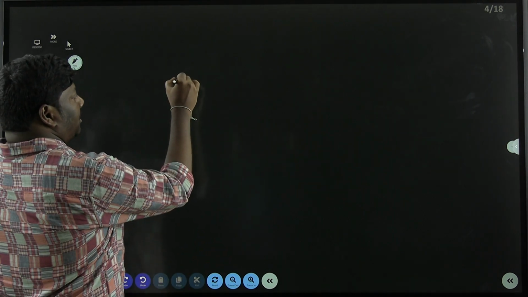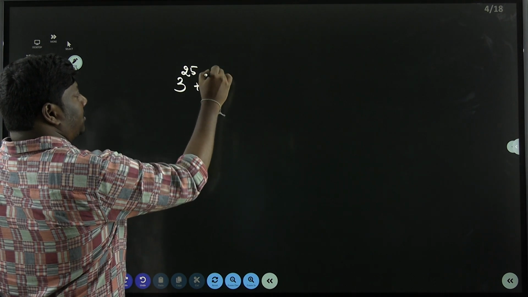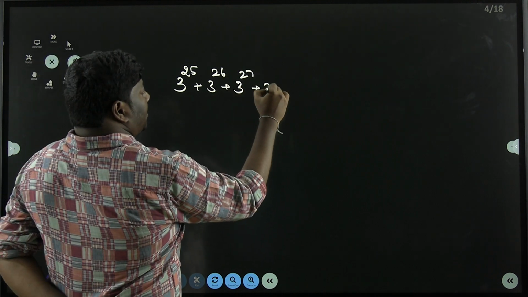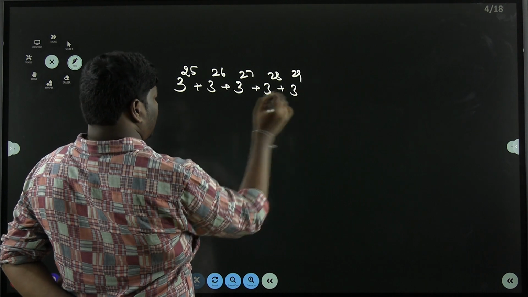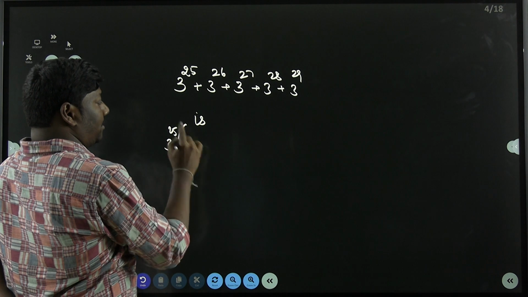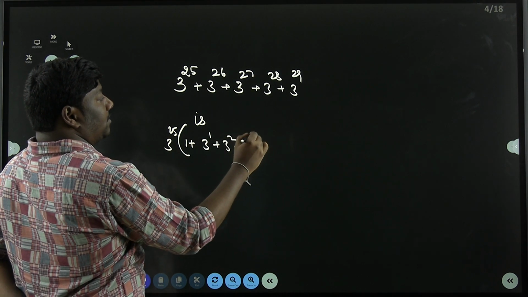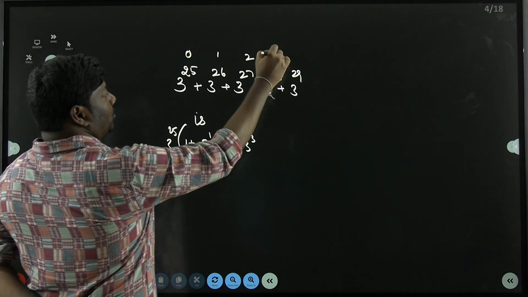They may also ask you like this: 3 power 25 plus 3 power 26 plus 3 power 27 plus 3 power 28 plus 3 power 29 is divisible by. You can take 3 power 25 common. I am giving you an example: 3 power 0, 1, 2, 3, 4.